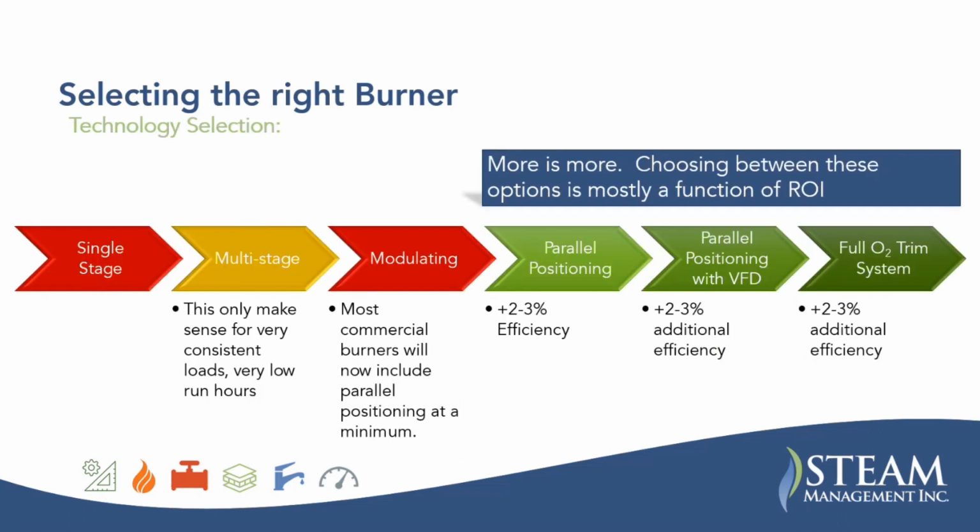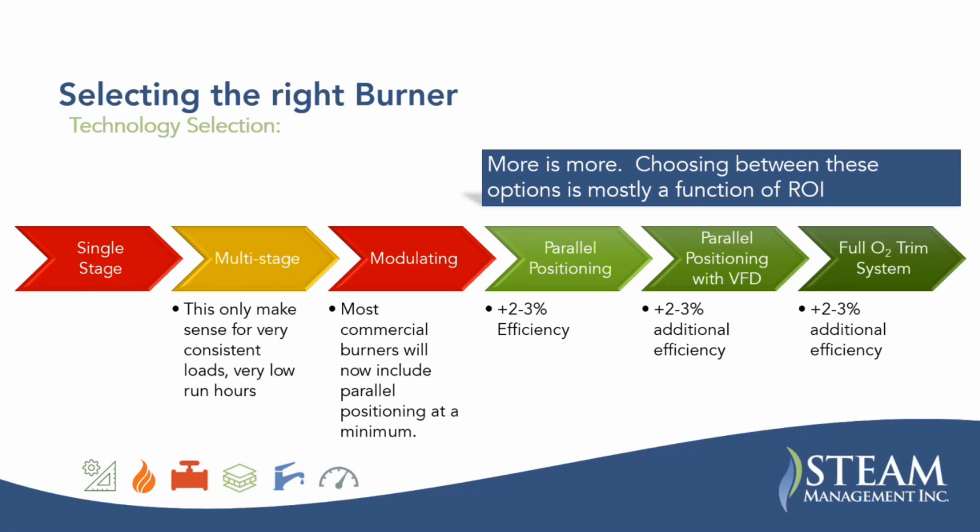So what's their best technology? We touched on this earlier with that question from Amir, but single stage, basically, we're saying that's out. Multi-stage is only going to make sense for very consistent loads, very low run hours. Modulating is basically dated. I think most commercial burners are going to have parallel positioning now at a minimum, unless there's just some reason to really try to go cost effective on the initial purchase.